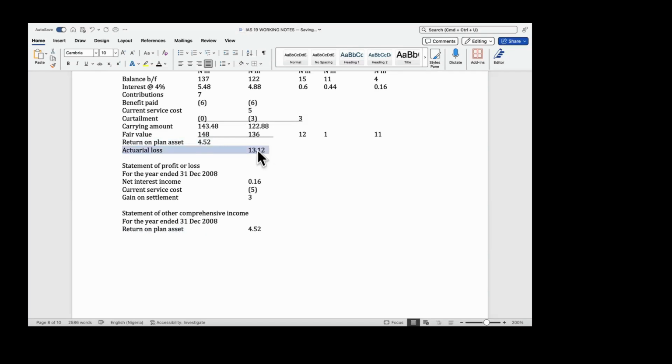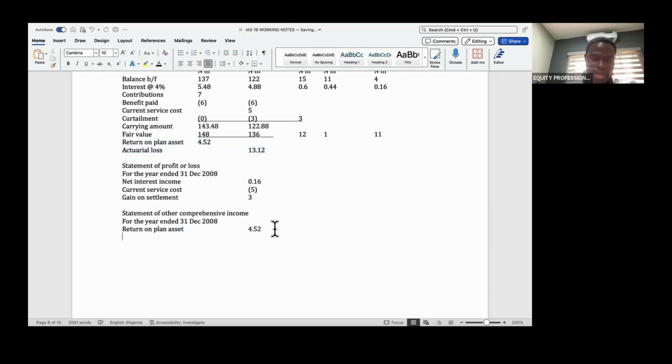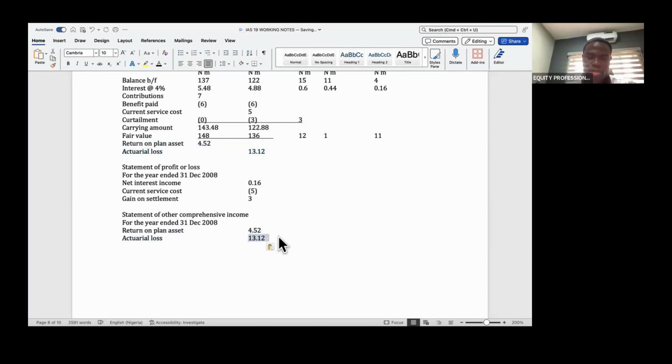I will have my actuarial loss of 13.12, in brackets since it's a loss. And I will have my ceiling adjustment. The ceiling adjustment of 1 is a loss also because my assets decreased to 11.